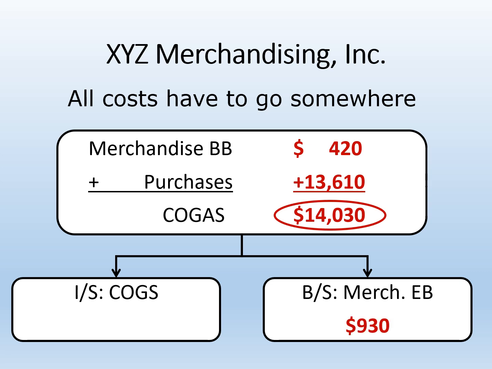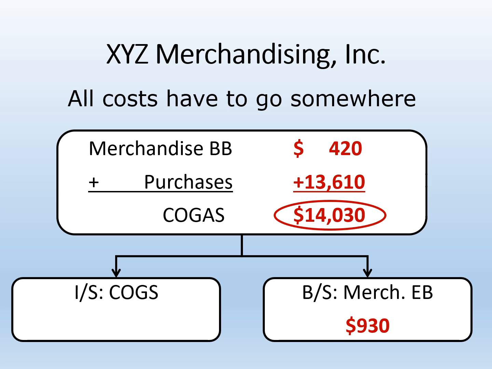We were also told that the firm had $930 of unsold merchandise at the end of September. That amount needs to go on the balance sheet.